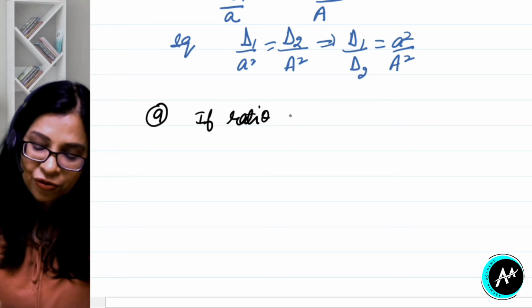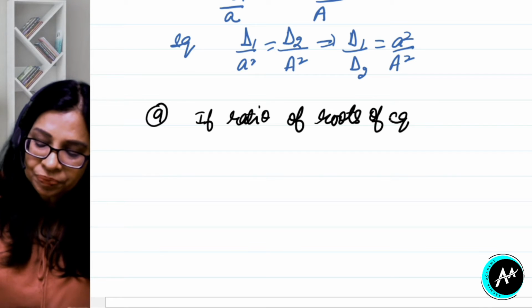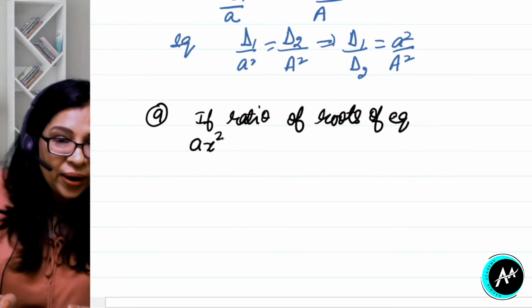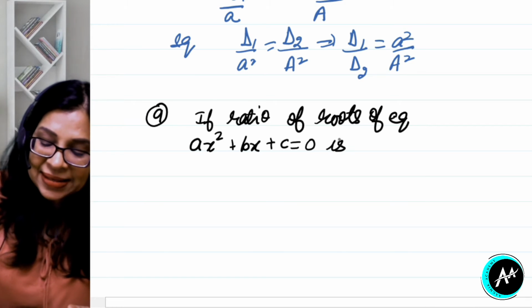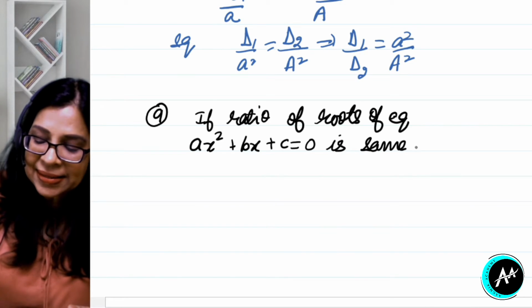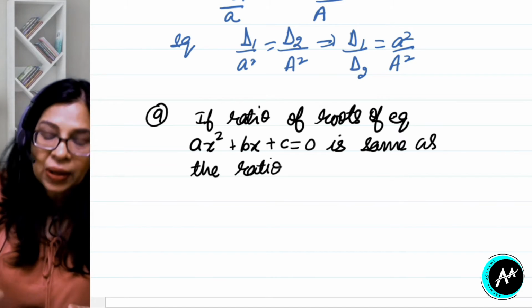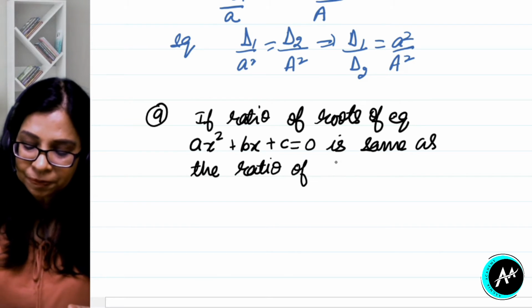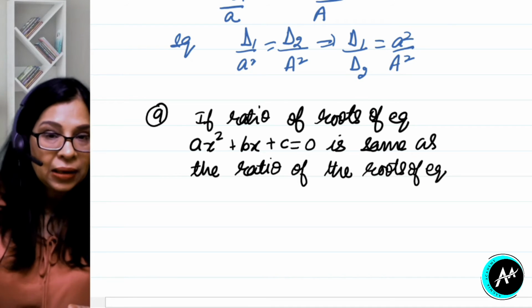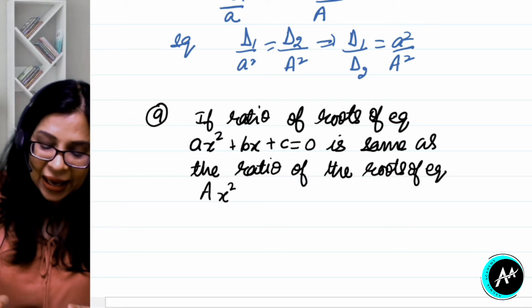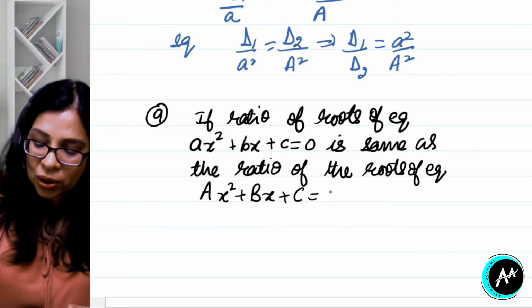So let me write, if ratio of roots of equation small a x square plus bx plus c equal to 0 is same as the ratio of the roots of equation, now let me take capitals, so capital A x square plus capital Bx plus capital C equal to 0.